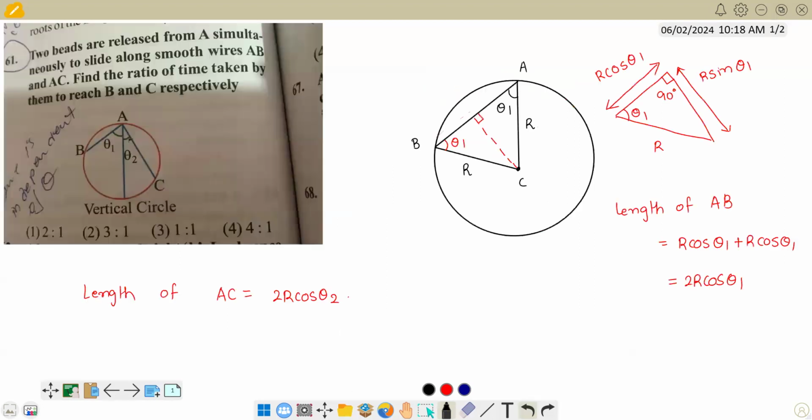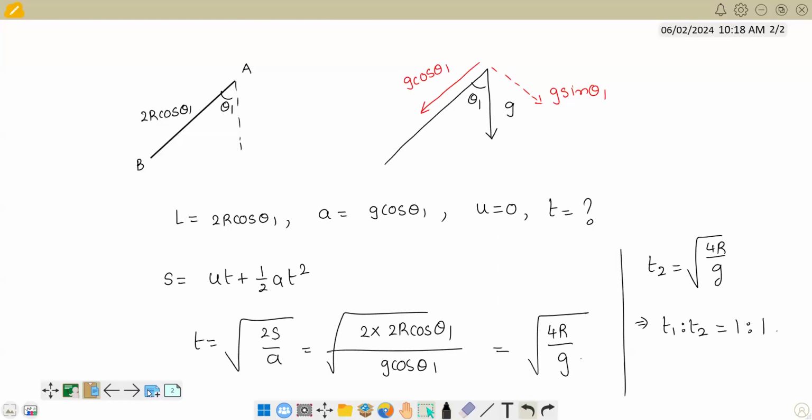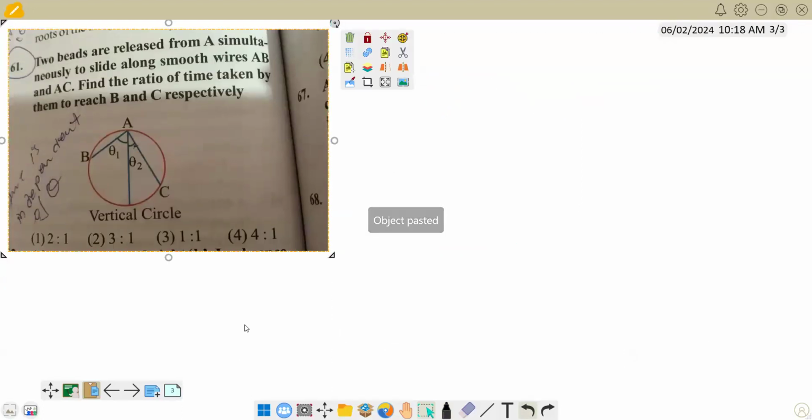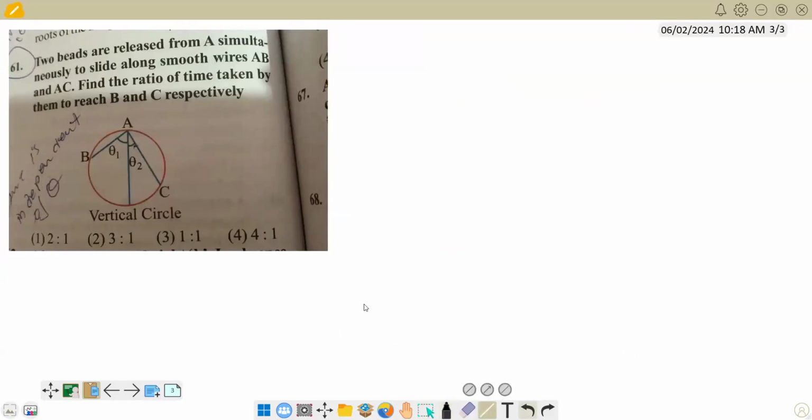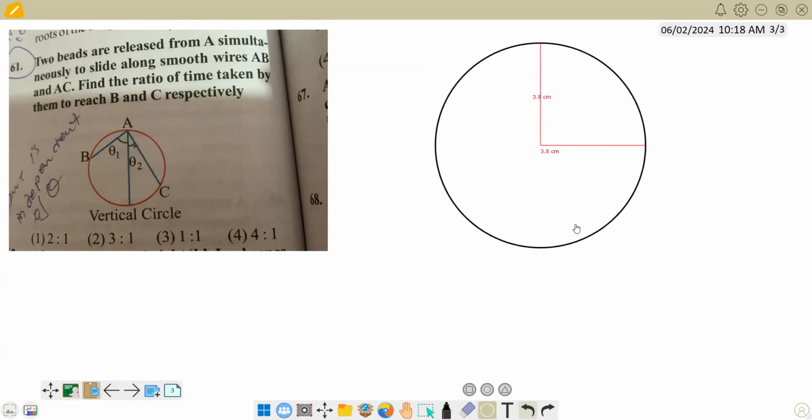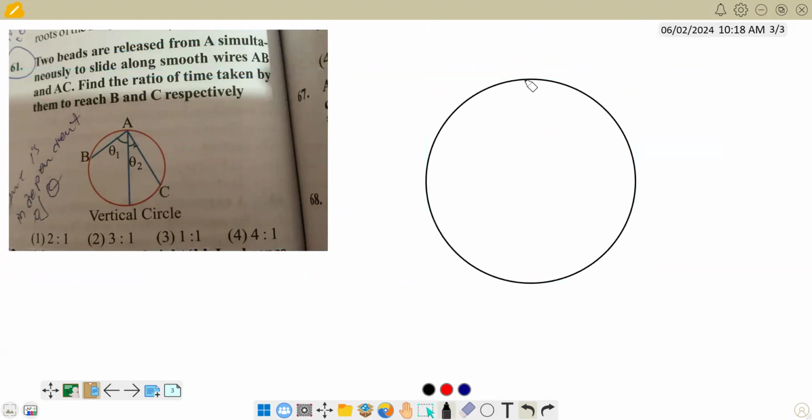The most important thing in this problem is that it could be any body. If you take a random circle and two bodies have simultaneously, the word simultaneously is important, started from the same point in a circle, and reached any random point, the other point must also lie on the circle. Let us say we have selected a path which does not lie on the circle, let us say it went from A to B. It is very hard to solve these kinds of problems.